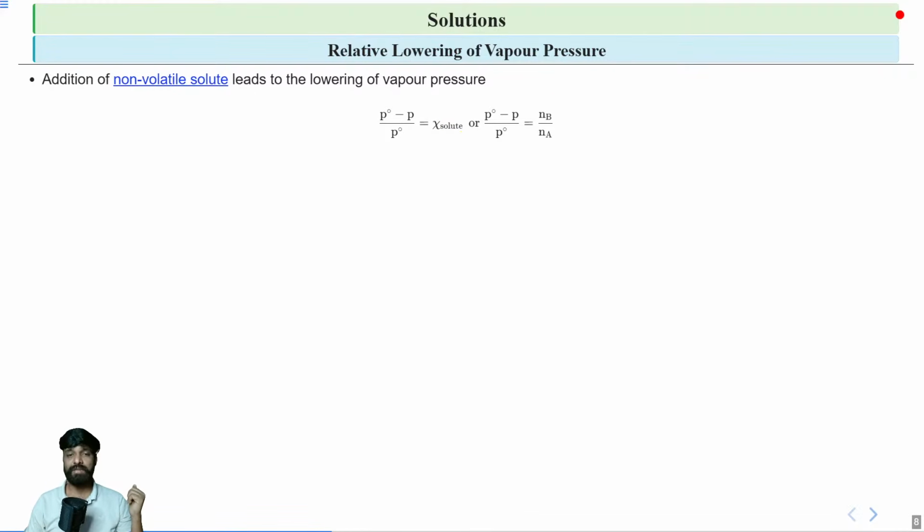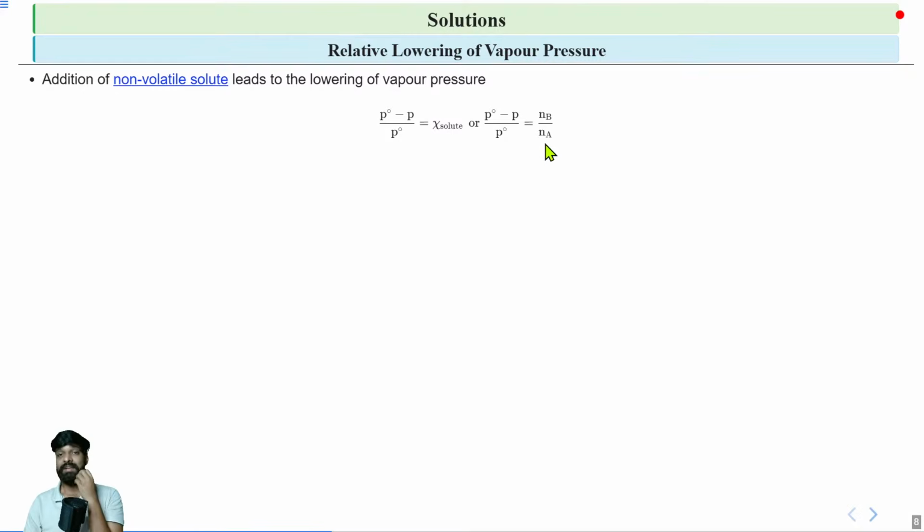Next, if you write it in a different way, you can write P naught minus P by P naught is equal to NB by NA. You will ask me how we are saying this, because if you write the mole fraction of solute, then it should be NB by NA plus NB, meaning the total number of particles should be in the denominator. But here we only have the solvent, which is NA.